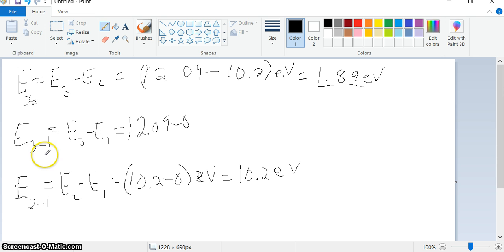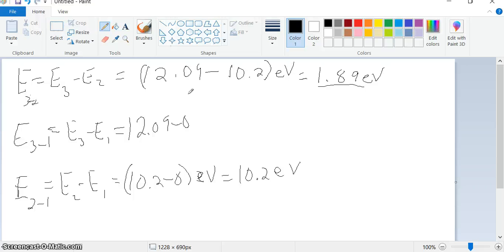The next one we're going to do is the energy in the third state to the energy in the first state. So going from n equals 3 to n equals 1, remember, it's the difference in the energy level, so E3 to E1.